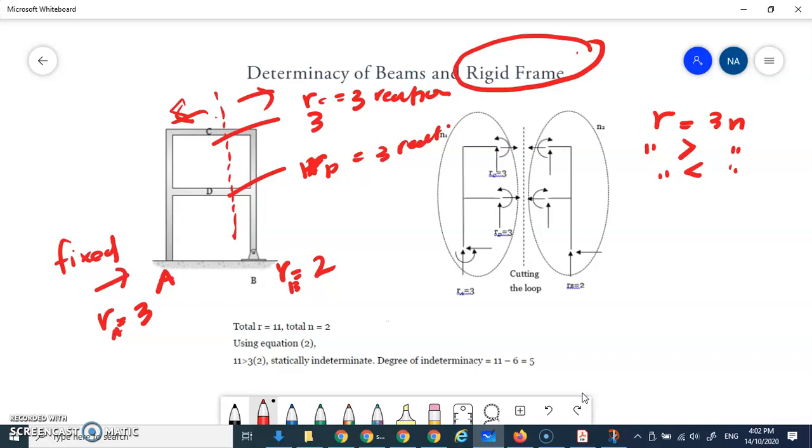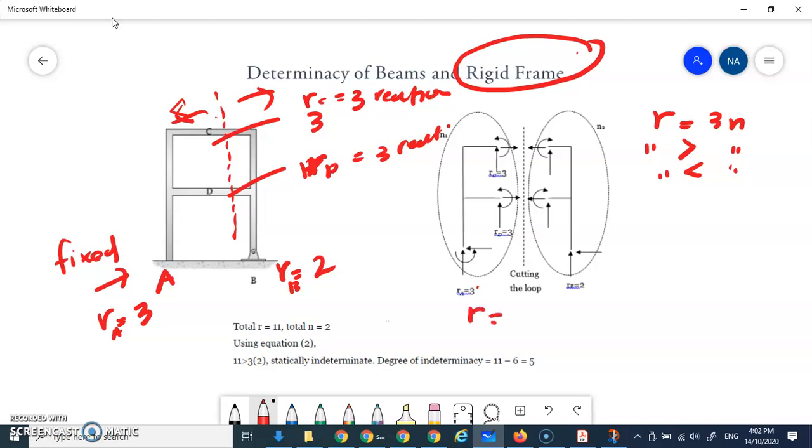Dekat mana tempat yang kita cutting loopkan dia akan jadi 3 reactions. So kalau dalam kes ni RA akan ada 3 reactions, RB 2 reactions, fix and pin support. Yang mana kita cutting ni akan ada 3 reactions. So RC 3, RD 3. So R sini adalah total kan.